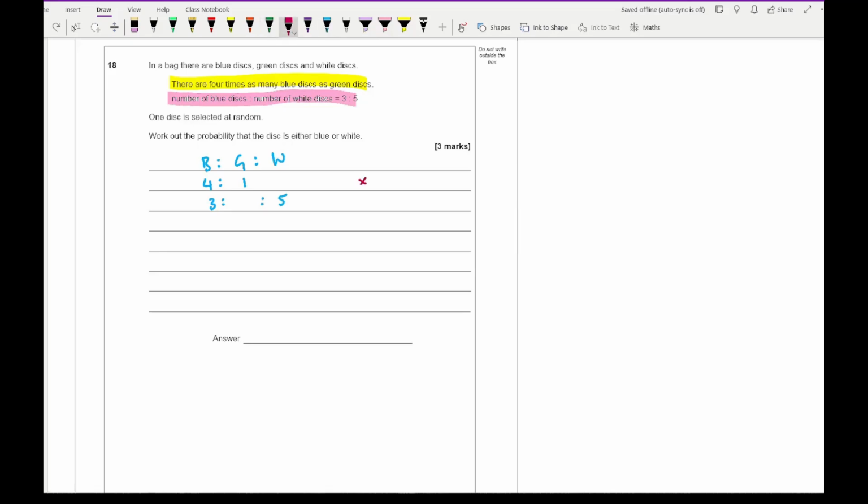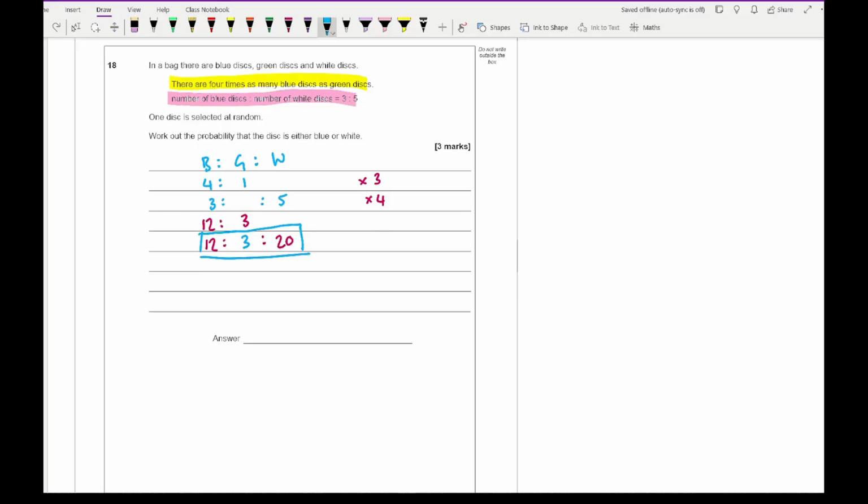If I multiply this by 3 and this line by 4, I get 12 to 3, and then on the second line I get 12 to 20. Now as you can see, I can then move that 3 down, so this now becomes the total frequencies in terms of the total ratios.